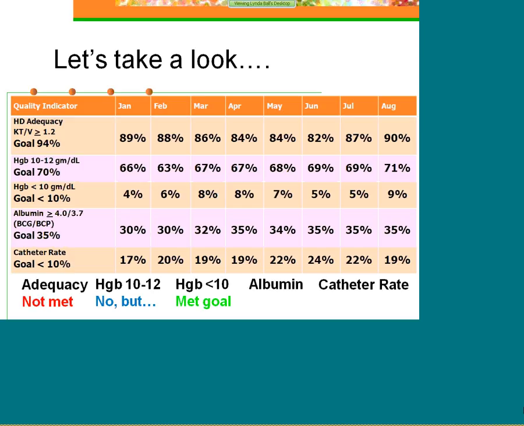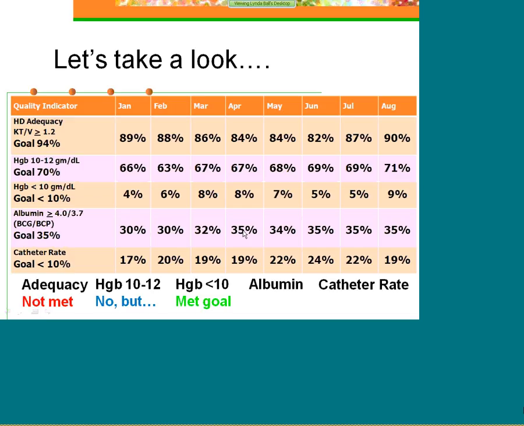Now let's look at albumin greater than 4.0 or 3.7, depending on which assay you're using. The goal is 35%. So how are we doing? Looking good recently. Yep, it looks like we're right at goal for 3 months, and then we had just a little dip here in May.